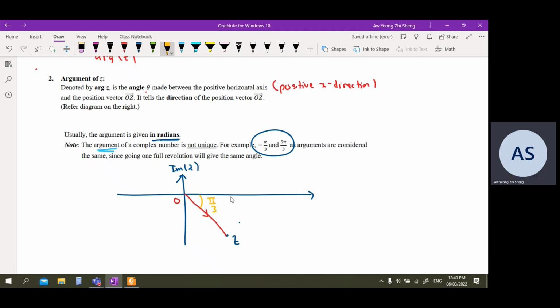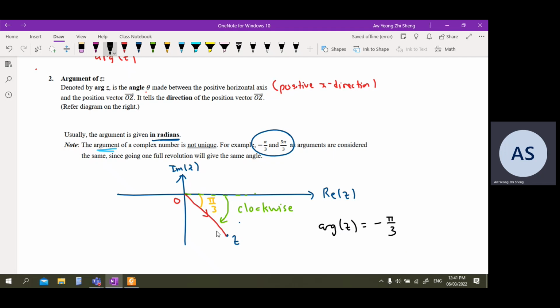Now, the way we define positive and negative angle is the same as in the trigo chapter. When we go anti-clockwise, it is regarded as a positive angle. When we go clockwise, it is a negative angle. So if we measure from the green color direction towards the direction of OZ, this is going clockwise, so we say the argument of this complex number z will be negative pi over 3.